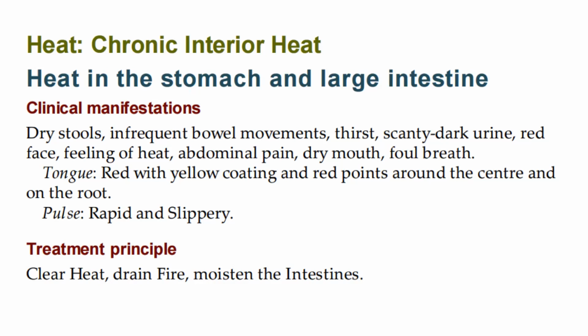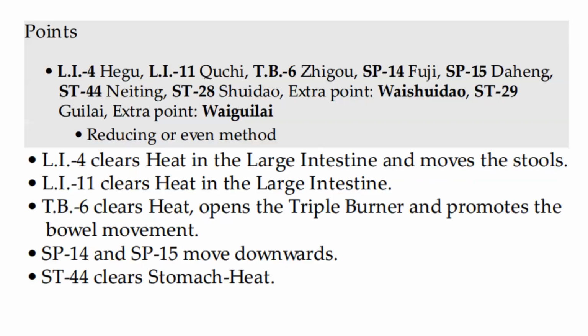Treatment principle: clear heat, drain fire, moisten the intestines. Points: LI4, LI11, TB6, spleen 14, spleen 15, stomach 44, stomach 28, stomach 29, the extra point HOUXI, reducing or even method.